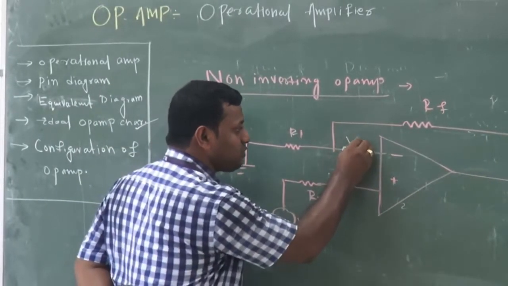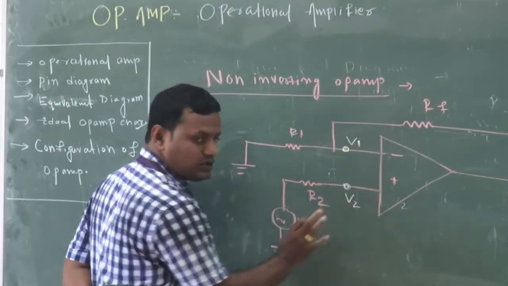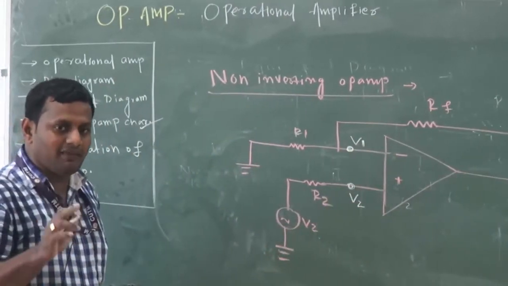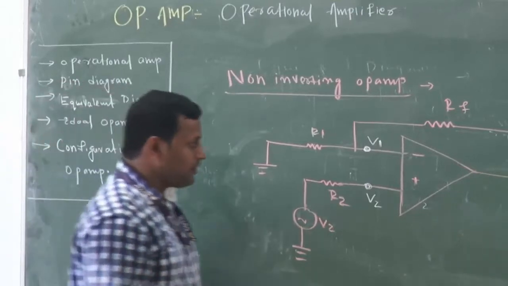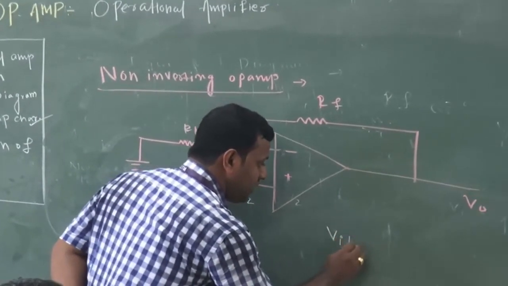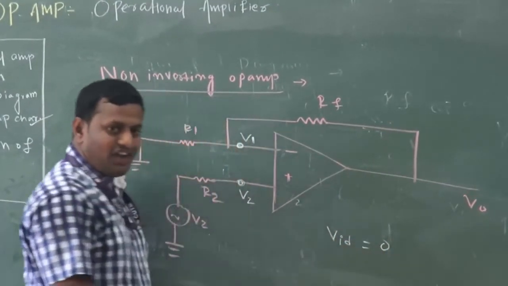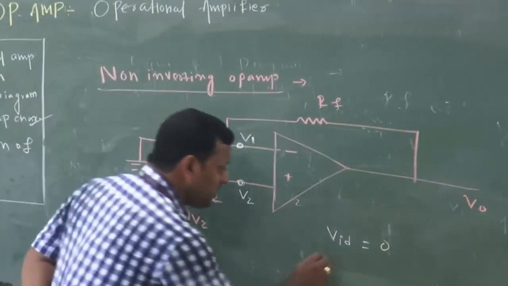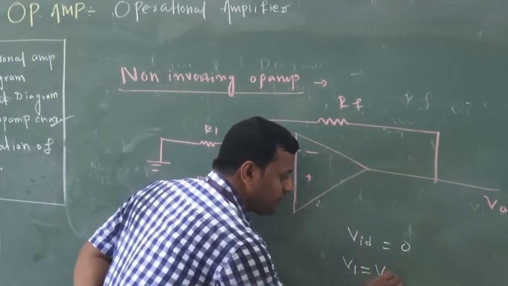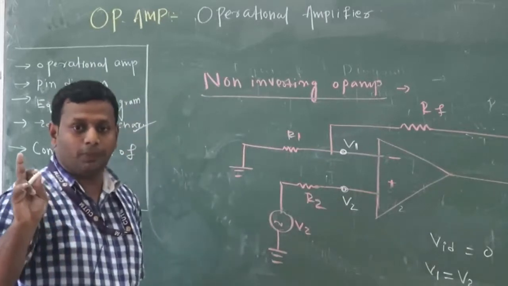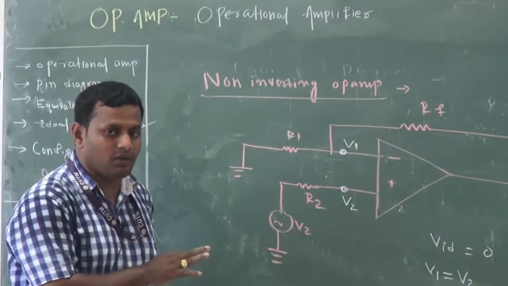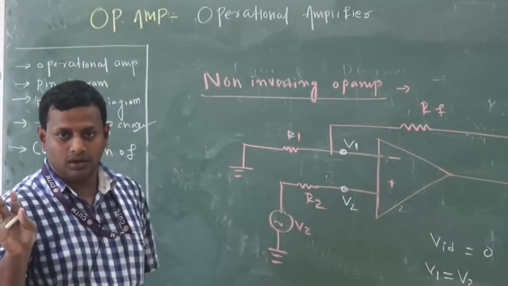Suppose this one is V1 and this is V2. So VID must be equal to 0, which means V1 is equal to V2. Now the point is, in this case V1 is equal to V2 but not equal to 0. Mind it.